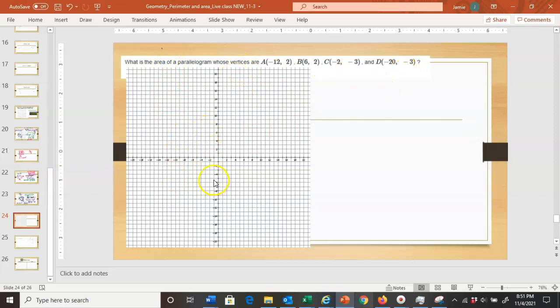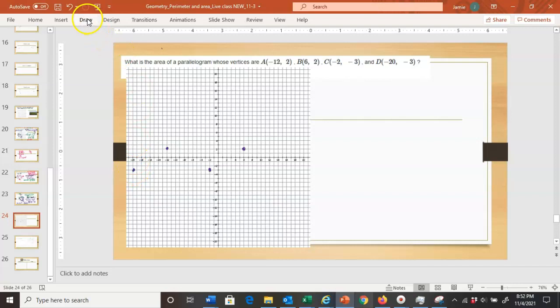What is the area of a parallelogram whose vertices are this? All right, let's plot it. Negative 12, 2. Whoa, these are really tiny. I know I had to give you a big grid because the coordinates are so large. 6, 2, negative 2, negative 3, and negative 20, negative 3. Okay. Ugh.